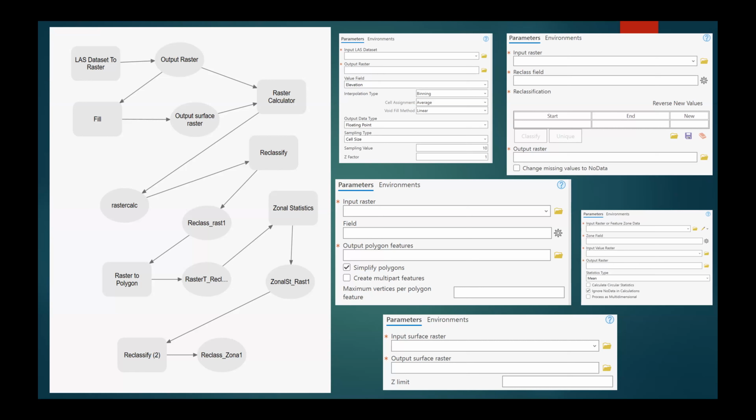If you don't know GIS very well, it can be pretty confusing. So ultimately, I would like to create a tool that does this automatically, so that an archaeologist in Alaska that has LiDAR data can simply point to where that data is located on their computer, hit run, and it'll go through this process and leave them with a polygon feature of the site features with some attribute data associated with it.